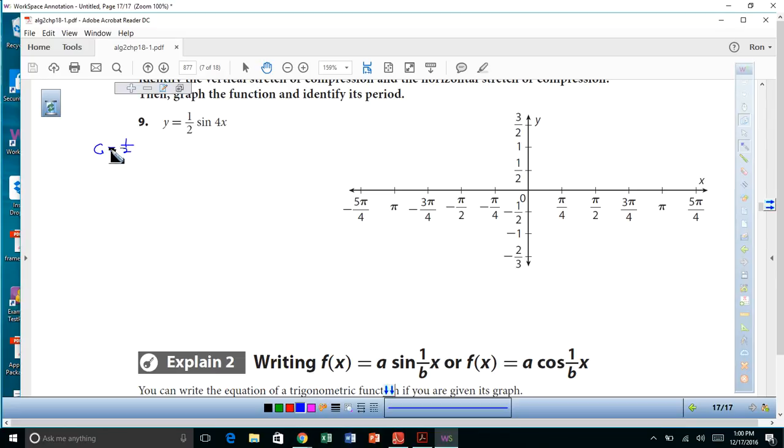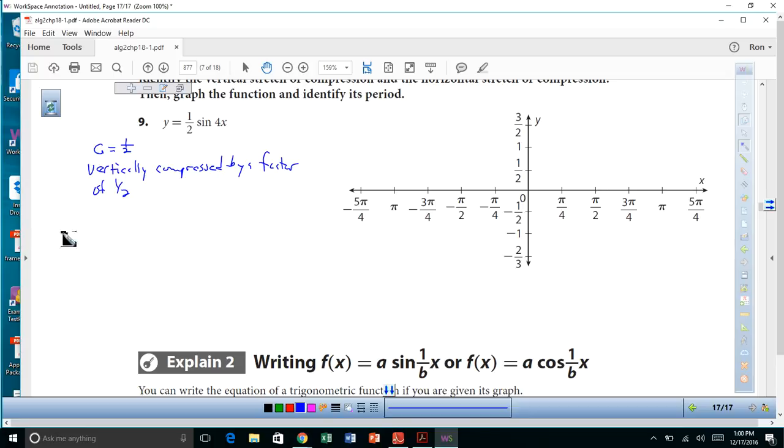So we're going to be vertically compressed by a factor of 1/2.